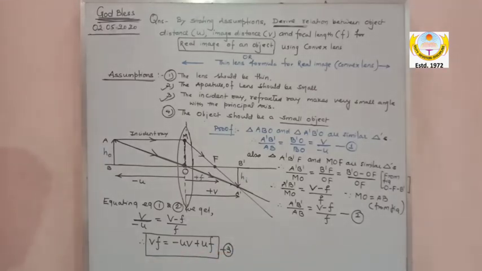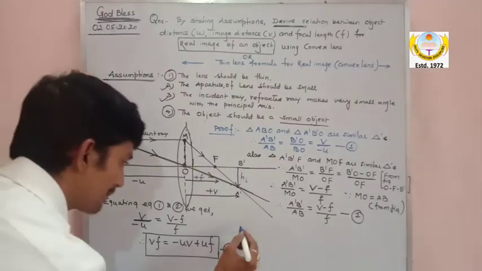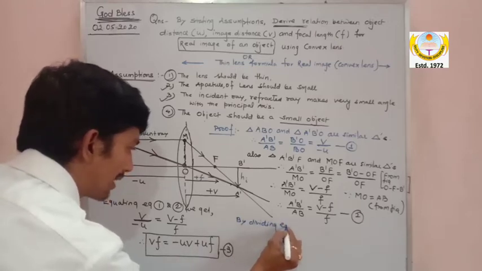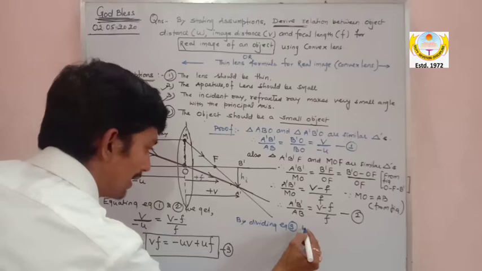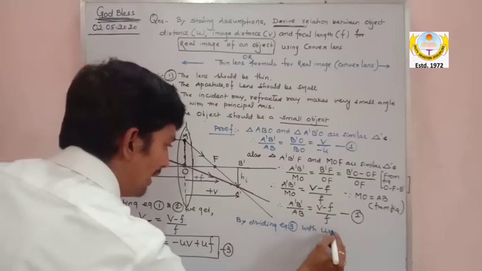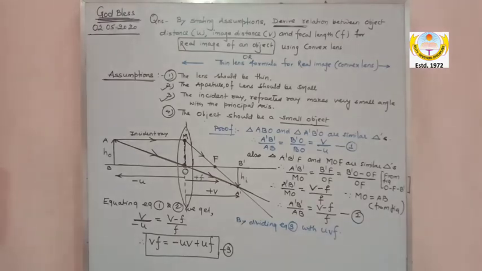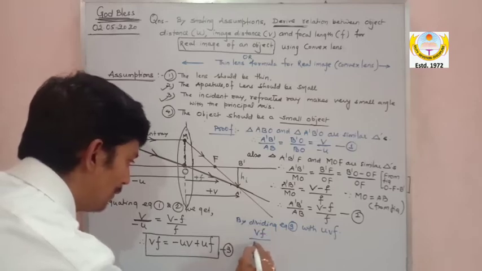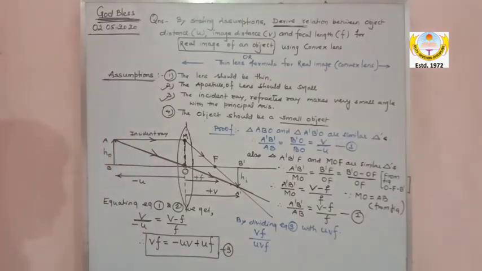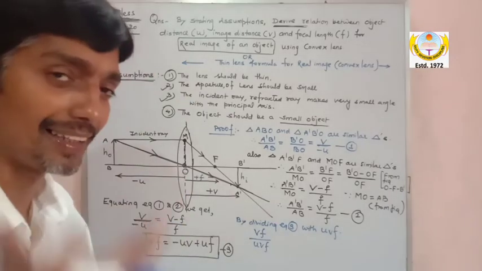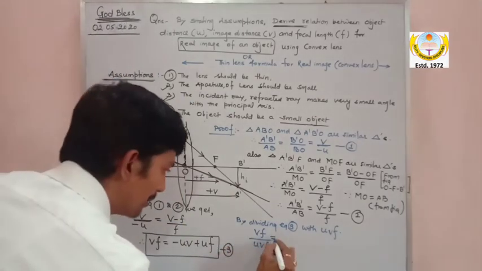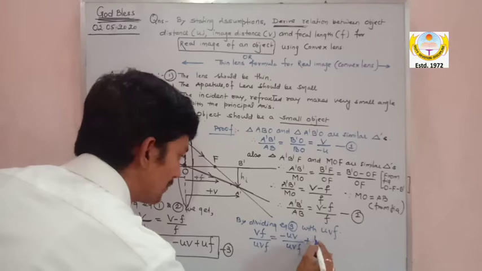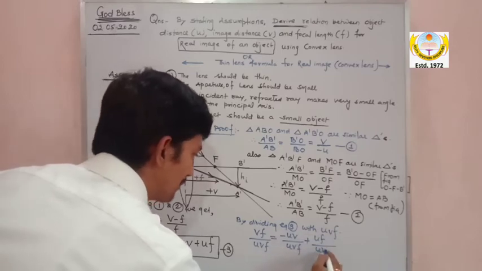Now my dear, here I will divide equation 3 with UVF. So when I divide equation 3 with UVF, we get VF upon UVF. In the mirror formula we used to divide by UVF. Now it is VF upon UVF is equal to minus UV upon UVF plus UF upon UVF.